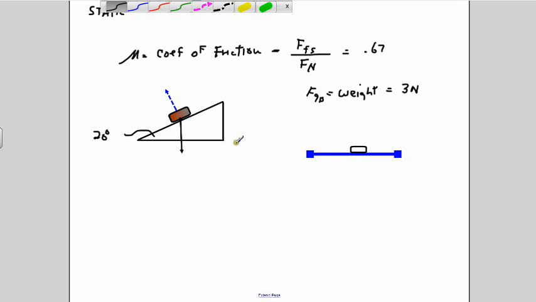And I'm going to tell you that at this point, the force weight of the block and the force normal going up like so in a straight line are the same, equal and opposite. Okay, the block is not moving.